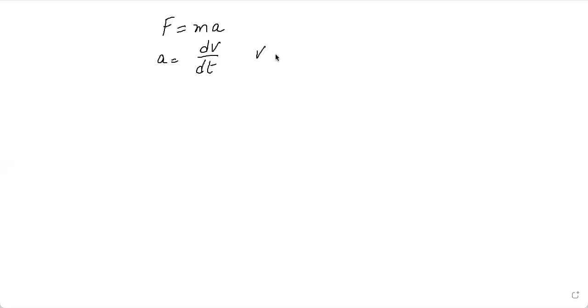Velocity, which is dy by dt, is the rate of change of position. So we get force equal to m into d square y by dt square.